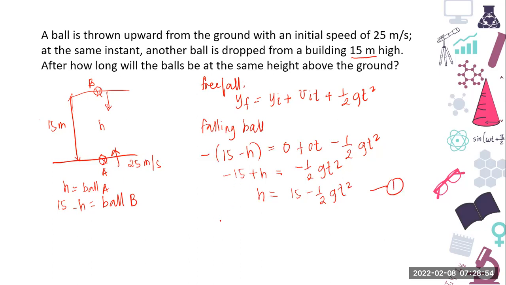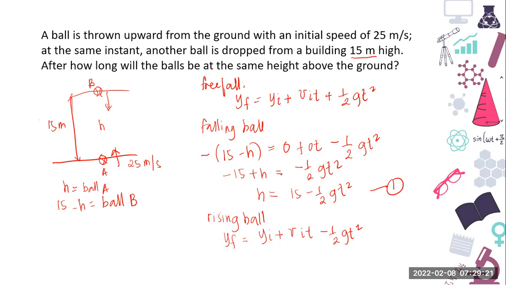Okay, for the rising ball, I don't know how to call it actually, or just the ball thrown upward. I'll call it rising. Anyway, I think you get what I mean. For the rising ball, we can use the same formula, yf equals yi plus vit minus 1/2 gt squared.